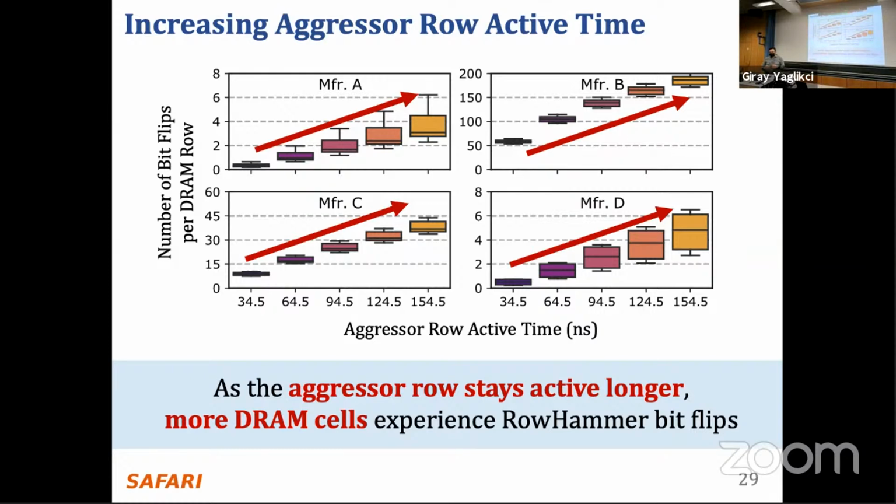One of them is more affected by the voltage swing in the word lines, and the other is affected by the electric field that is created between an aggressor word line and some victim DRAM cells or victim word line. So this shows that this mechanism is also effective when you keep the aggressor row active for a longer time, basically.